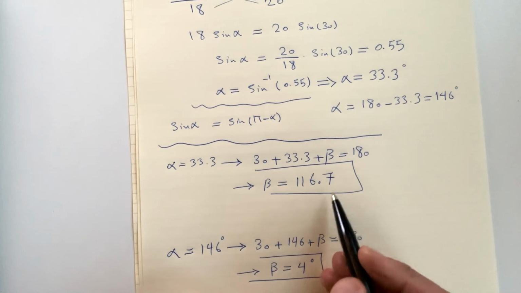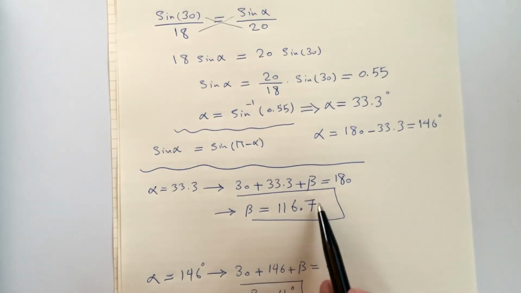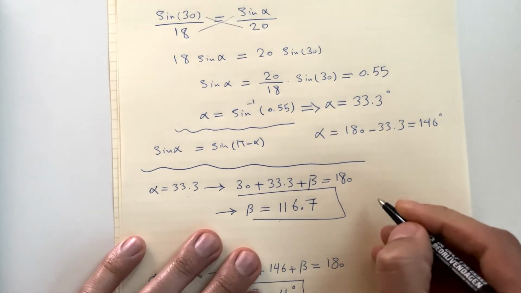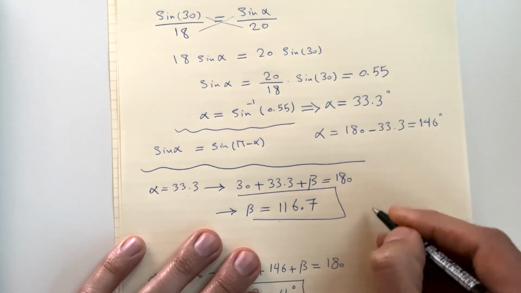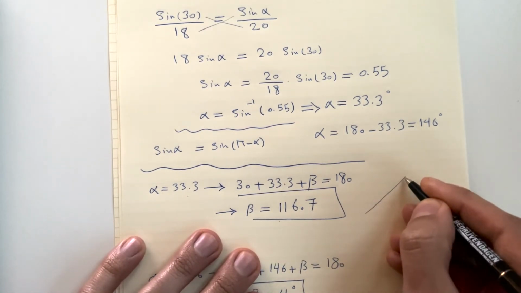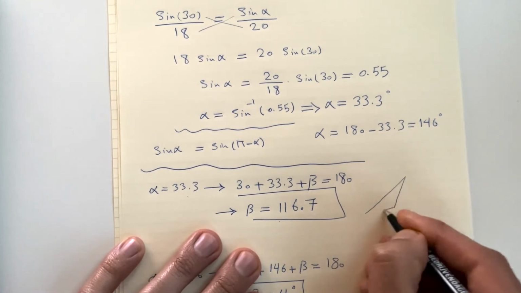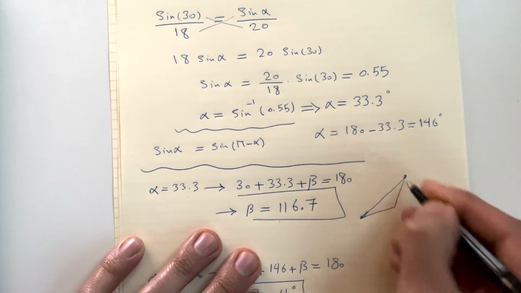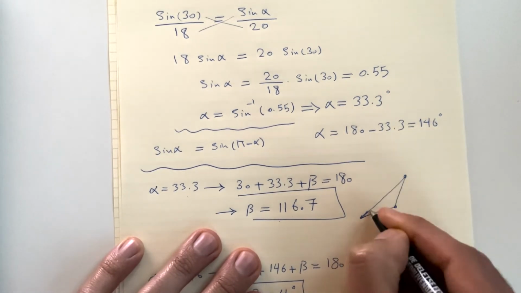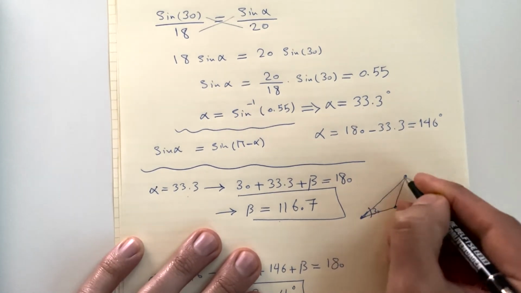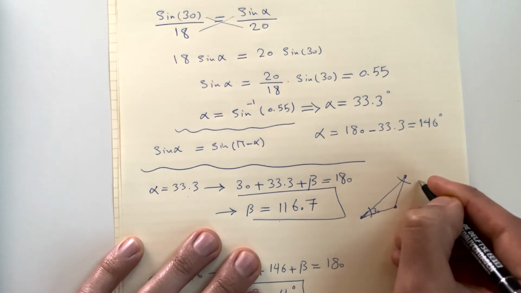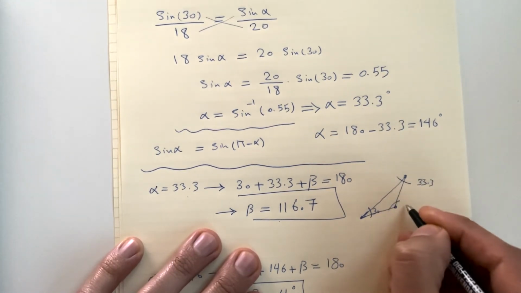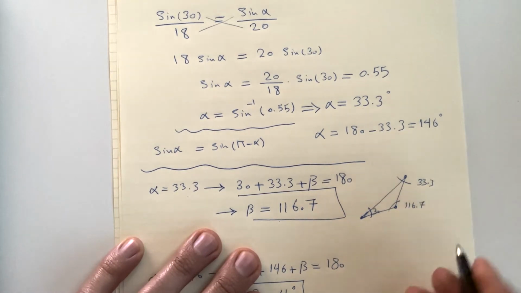So if you draw the triangle with this alpha and this beta, you will have something like this. This is a schematic drawing of that triangle, where this angle here is 30, this one here is 33.3, and this one here is 116.7.